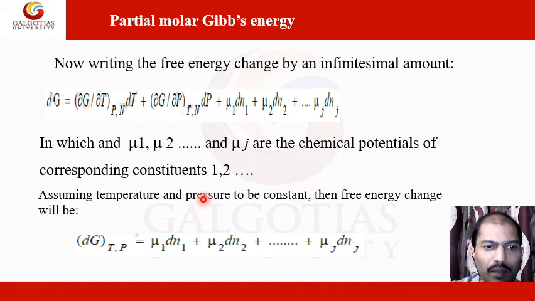So assuming temperature and pressure to be constant, the free energy change can be expressed as dG at T,P equal to mu1 dn1 plus mu2 dn2, and so on up to the species i or j. This will be the final expression.